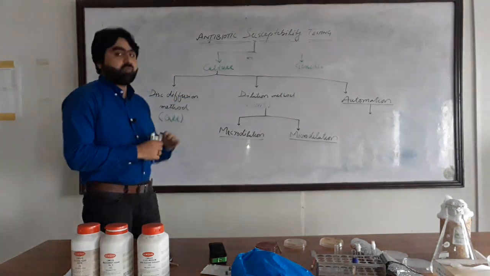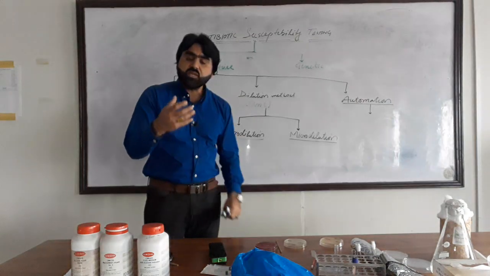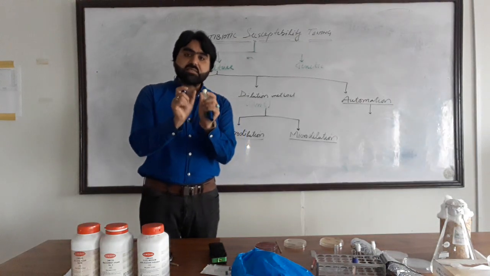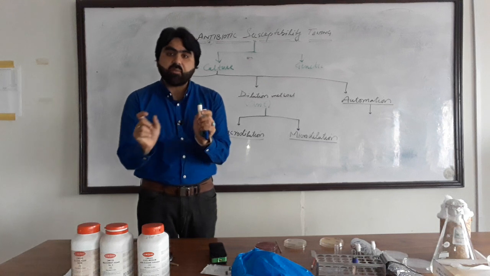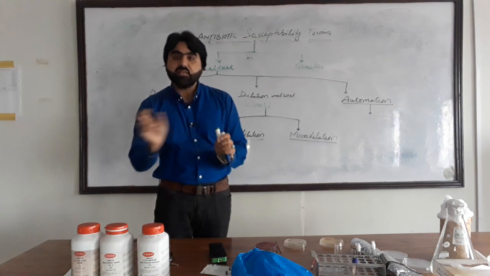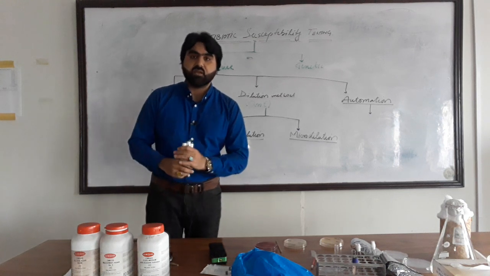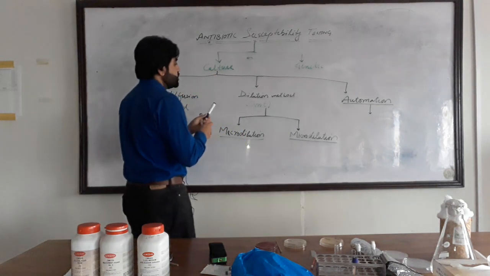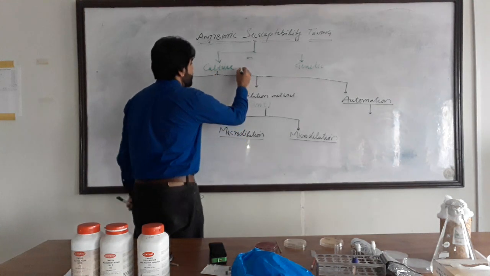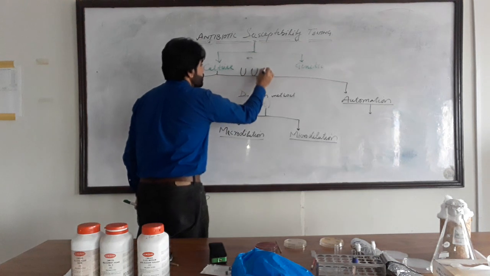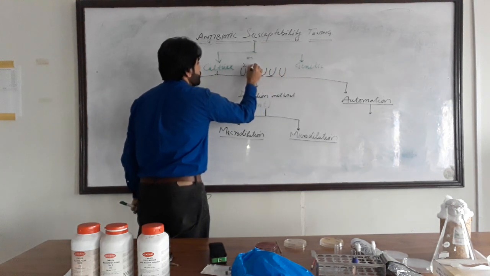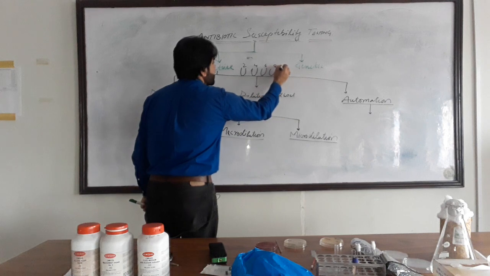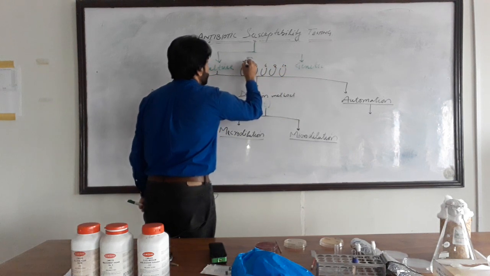In dilution methods, we prepare a serial dilution of antibiotic with increasing or decreasing concentration. For example, you prepare a two-fold dilution in test tubes, like 2, 4, 6, 8, 10 microgram per ml of antibiotic.